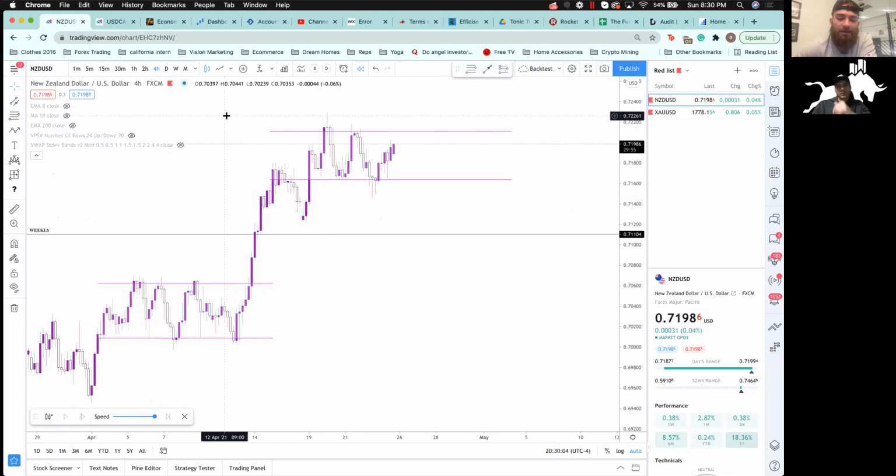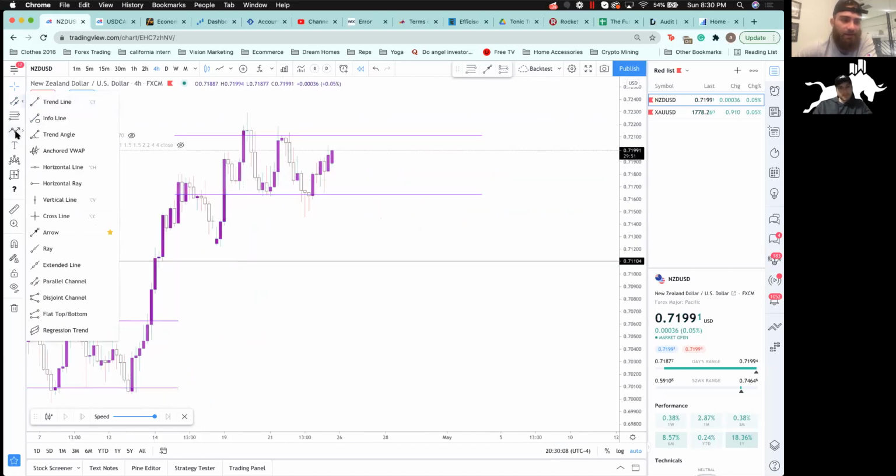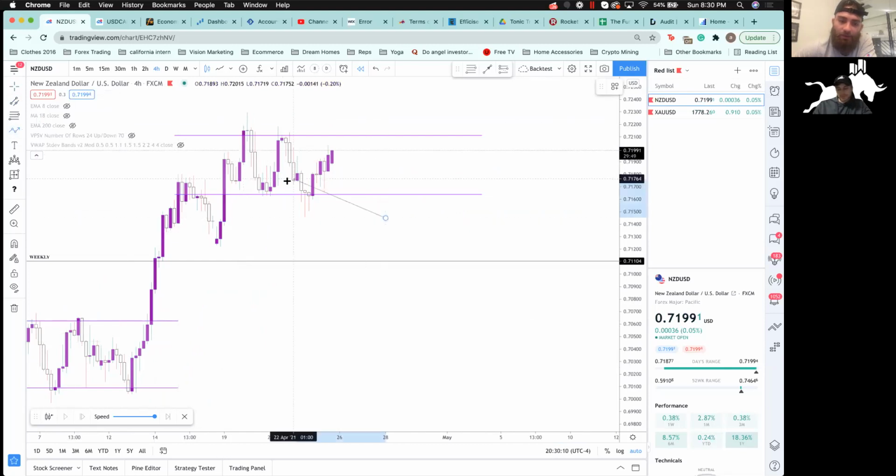When would I try to actually start entering on this? We're starting to get a break of some resistance levels on the 4 hour, nothing too major, but we're breaking above this resistance level. So ideally, when would I try to start taking buys now? I'd go down to a lower time frame and I would be trying to take buys off of this level.